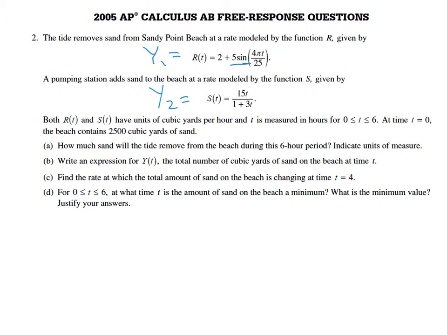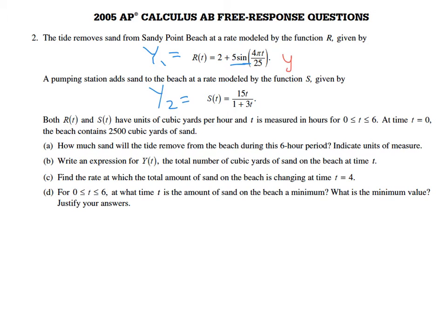I'm wondering right now, is the amount of sand changing? Is it a positive change? Is more sand being added than removed, or vice versa? And there's a possibility that both are going on depending on the time. Both R of t and S of t have units of cubic yards per hour.